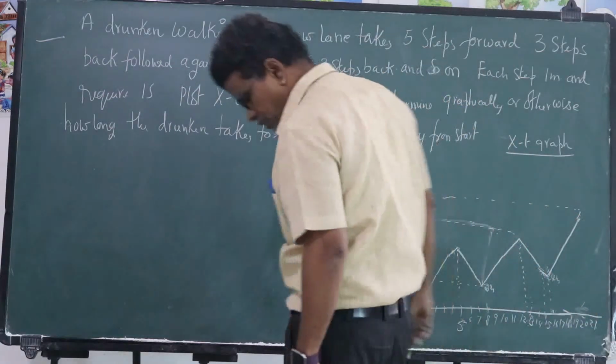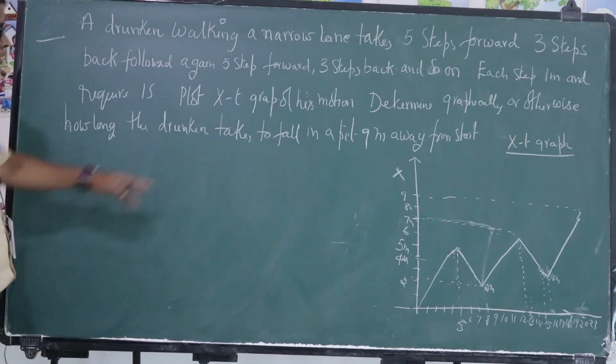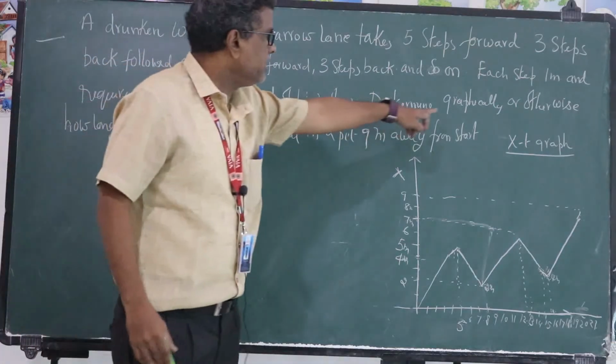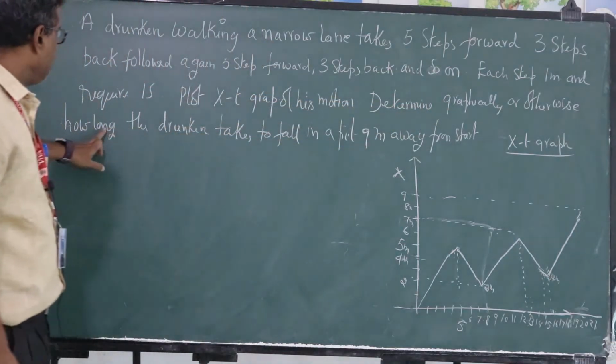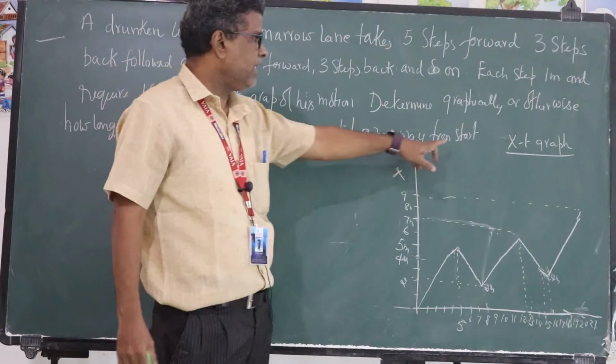So from the graph we can conclude that, now the question is: determine graphically or otherwise how long the drunken man takes to fall into a pit 9 meters away.